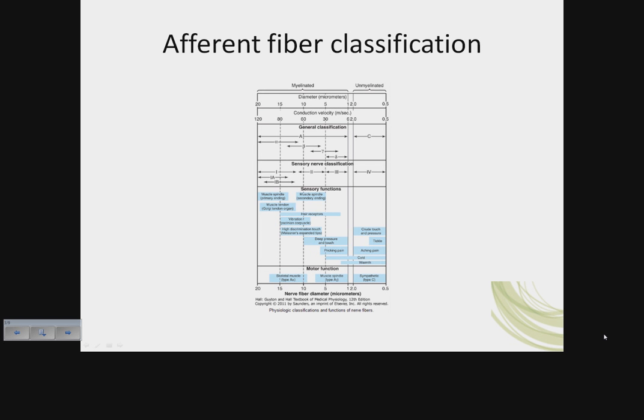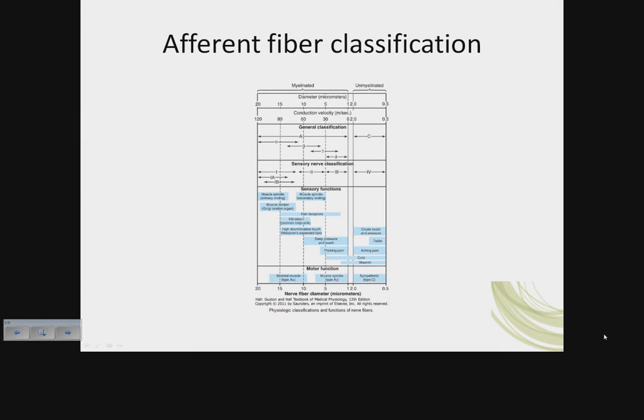Type A fibers are the typical large and medium-sized myelinated fibers of spinal nerves. If you look all the way up at the top of this, you're seeing myelinated versus unmyelinated. Type C fibers are the small, unmyelinated nerve fibers that conduct impulses at low velocities. The C fibers constitute more than 1/2 of the sensory fibers in most peripheral nerves.